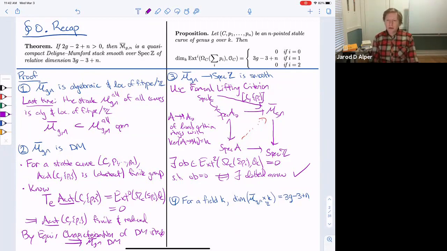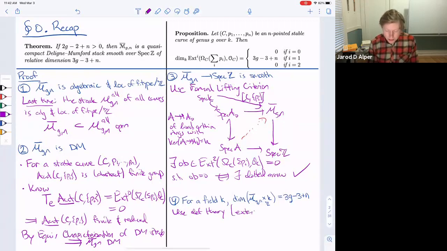And then finally, again using deformation theory, just infinitesimal deformation theory, you consider extensions in this diagram where A is the dual numbers and A naught is the residue field.